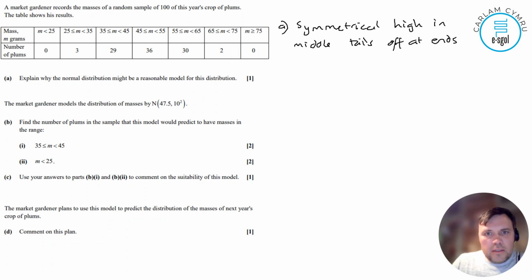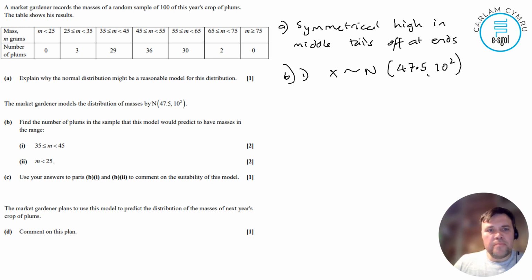For part B1, we have X belongs to the normal, and it is 47.5 and 10 squared. Find the number of plums in the sample that this model would predict to have masses in that range.